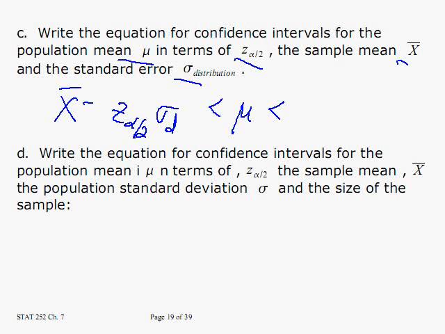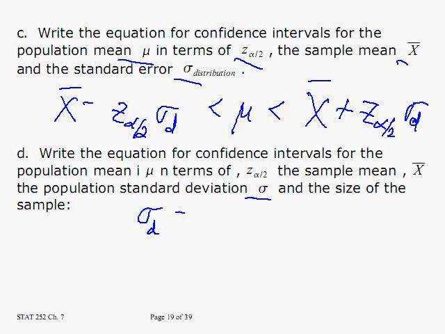And so the mean is captured between these two values with a certain confidence level. Now, if you want to write this in terms of the standard deviation for the population, then you replace the sigma distribution with sigma divided by the square root of n.